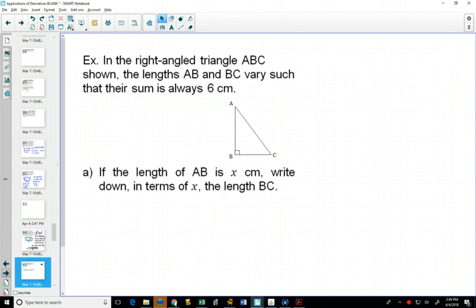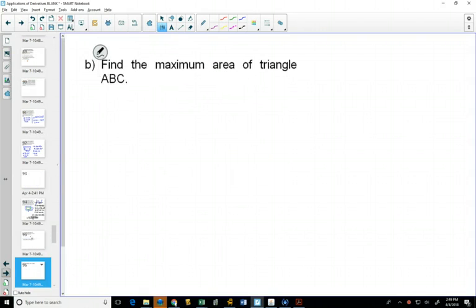So what I want you to do is figure out if AB is x, how would you write BC in terms of x? So we're going to want to try and always write things with the same variable. Then if you have that, what would an expression of our area be, and what would the maximum area be?